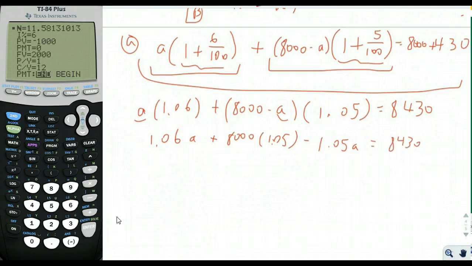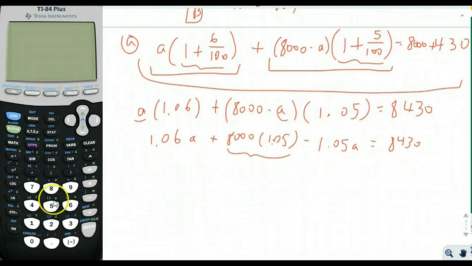And then we're going to multiply this out. 8,000 times 1.05 is 8,400.